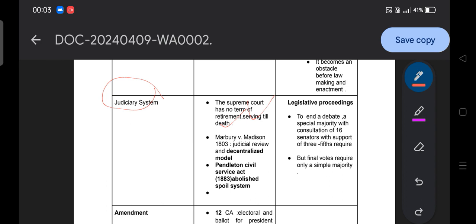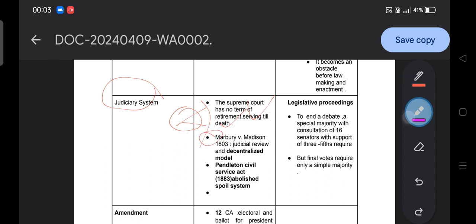There is a specific time at which a Supreme Court judge has to resign, when the term has expired. But in the US Supreme Court there is no such thing. That's why the USA Supreme Court or judicial system is more powerful than the others. That's why the question is framed from here only.